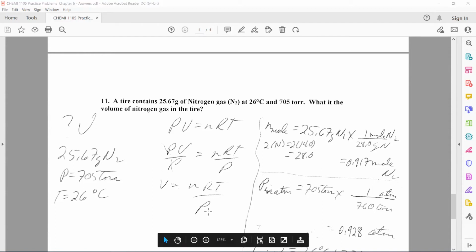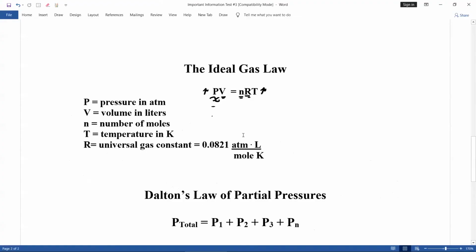Now let's go back to important information. Remember, you will be given this. Pressure for PV equals nRT has to be in atmospheres. And it's time for a public service announcement from your host, me, Dr. White. One of the most common mistakes on test number 3 for this type of problem is the student uses the pressure in torr or millimeters of mercury.